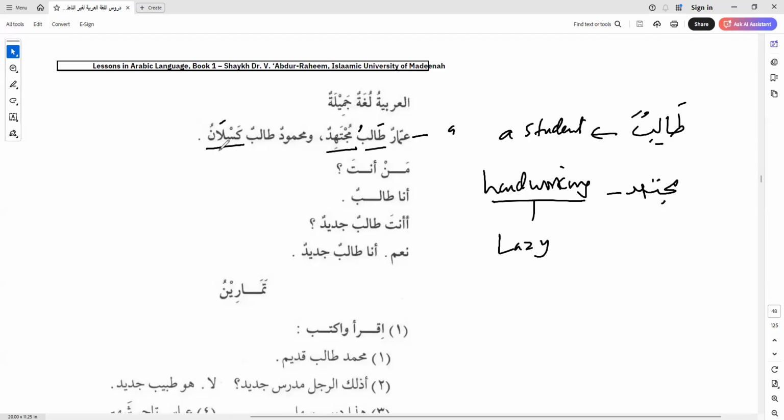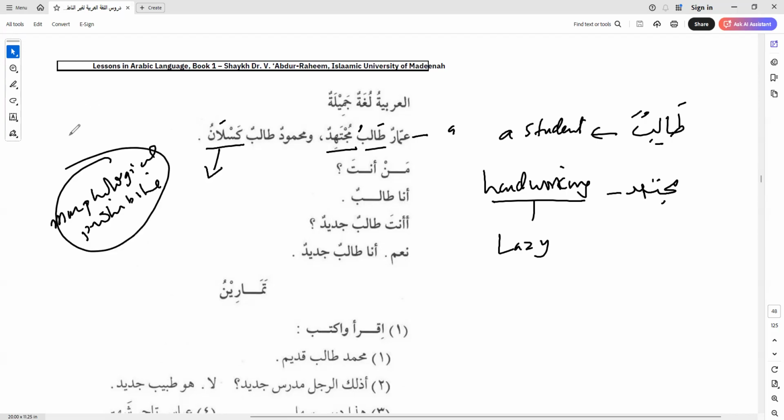Now, kaslanu is what we call morphologically prohibitive. It doesn't morph. ممنوع من الصرف. Okay, so we say talibun kaslanu.